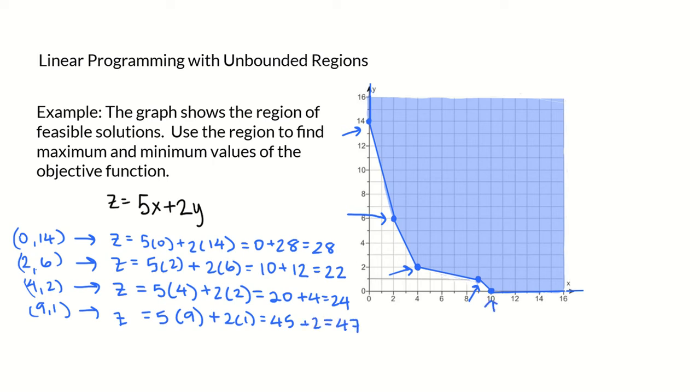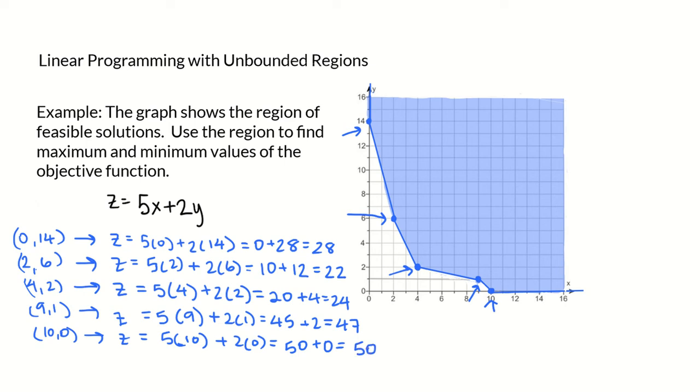And last we test this point, (10, 0), which gives z equals 5 times 10 plus 2 times 0, which is 50 plus 0, which is 50.